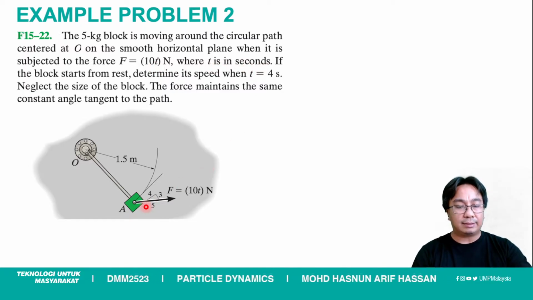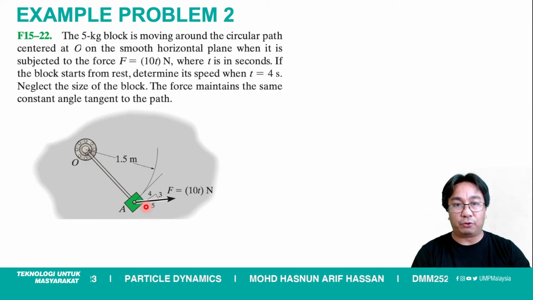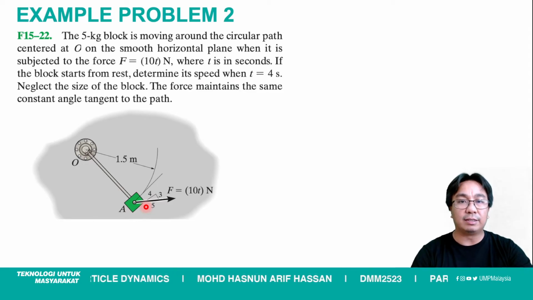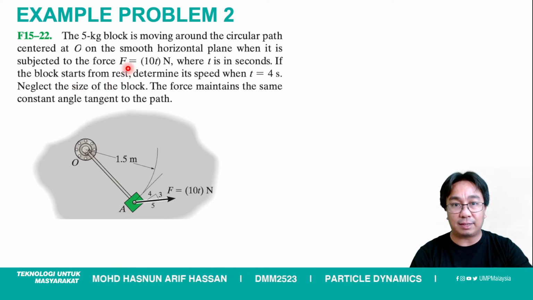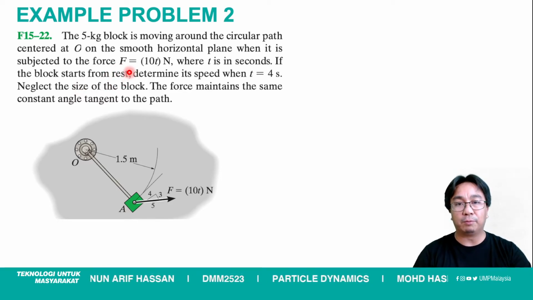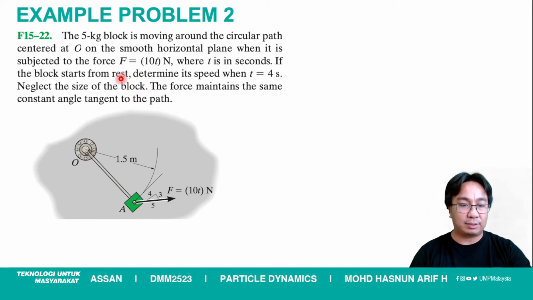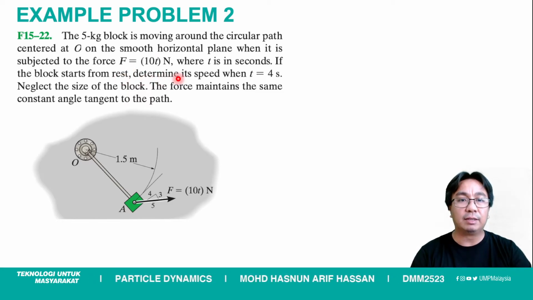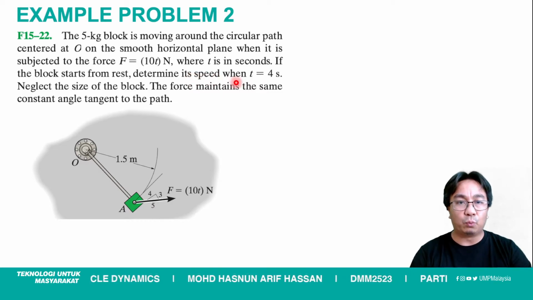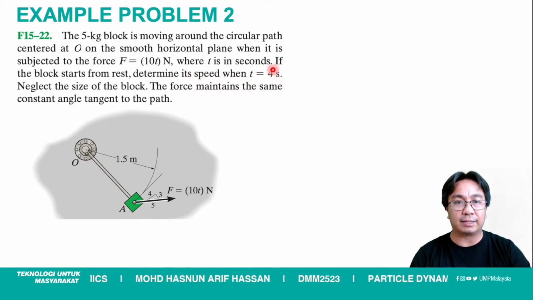So as the time increases, the force applied also increases. If the block starts from rest, now this is slightly different from problem 1. Now the block starts from not moving. We need to determine the speed of the block when t equals 4 seconds.